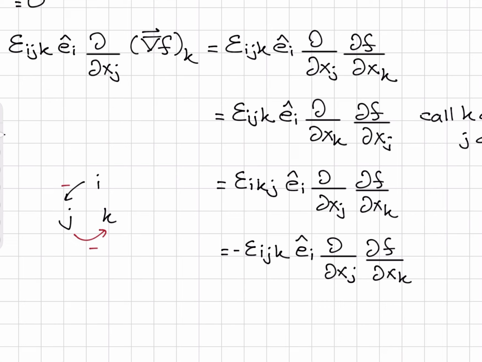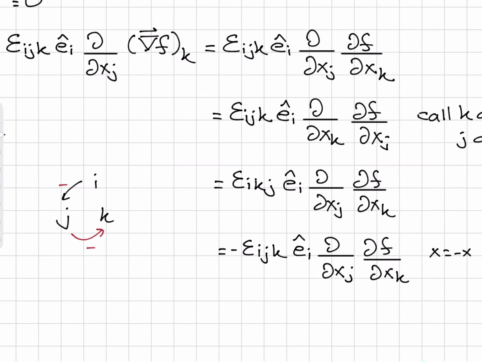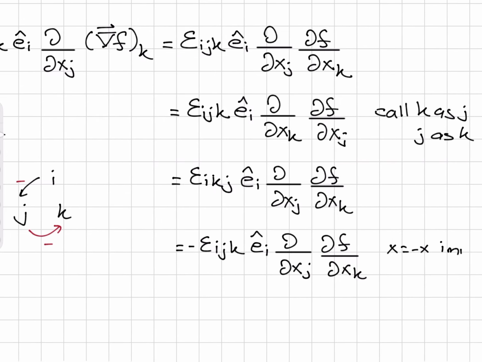Okay, so now you can see that the first thing here, epsilon ijk ei hat del xj del f del xk, is equal to minus epsilon ijk ei hat del xj del f del xk. And if x is equal to minus x, this implies x must be 0.